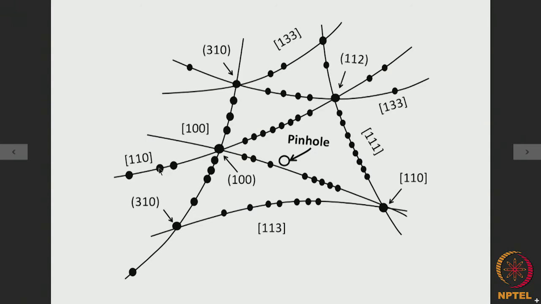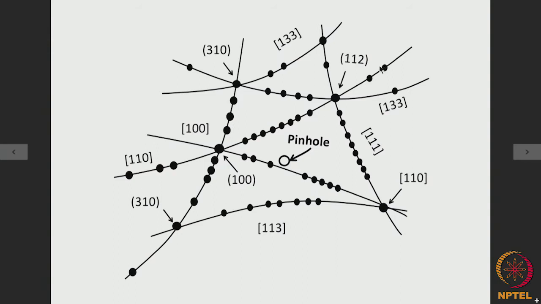For example, these spots here on this line represent the zone 110. That means, all those planes which belong to the zone for which 110 is the zone axis, their diffraction spots will lie on this hyperbola.